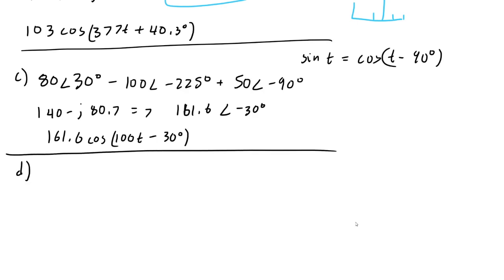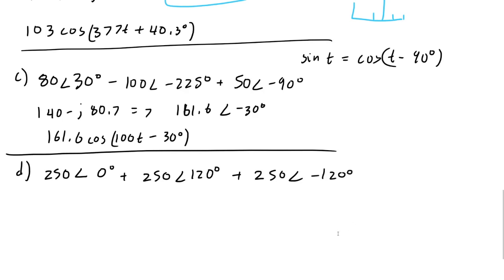Once again, this one is interesting. We've got 250, same magnitude for each one, phase angle of 0, 250, then a phase angle of 120 degrees, and then a magnitude of 250 and a phase angle of minus 120 degrees.